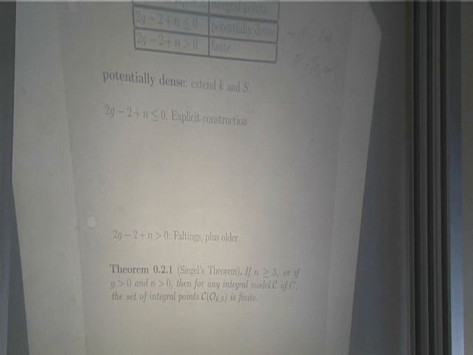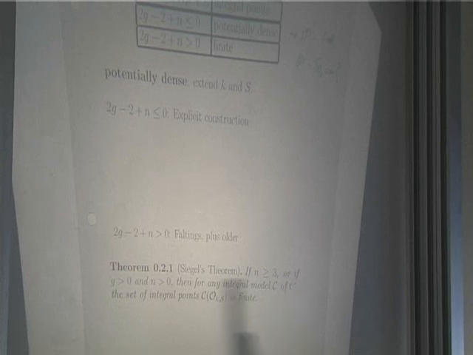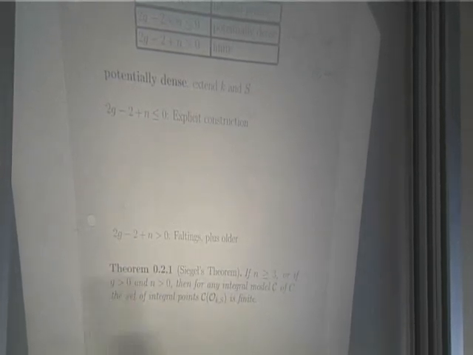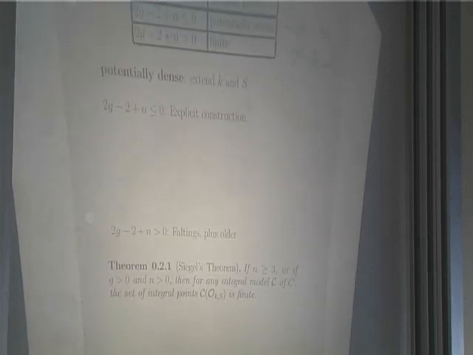These both fall under an older theorem than Faltings, which says that if you have any affine curve, so either n bigger or equal to 3 or the genus bigger than 0 and n bigger than 0, then for any integral model of your curve, the set of integral points is finite.